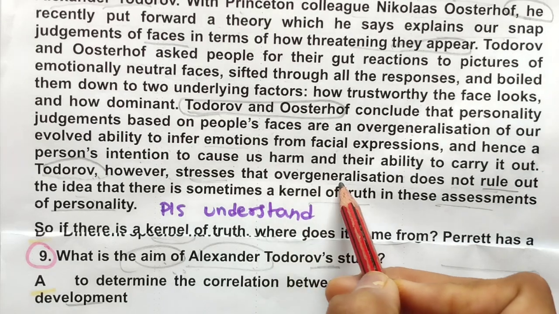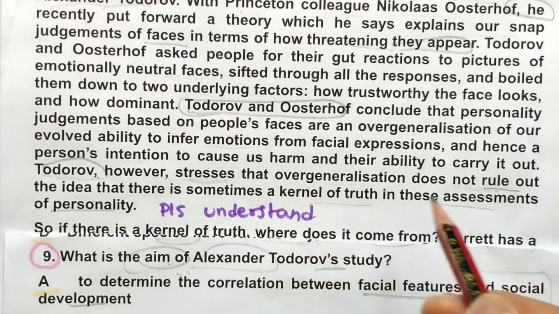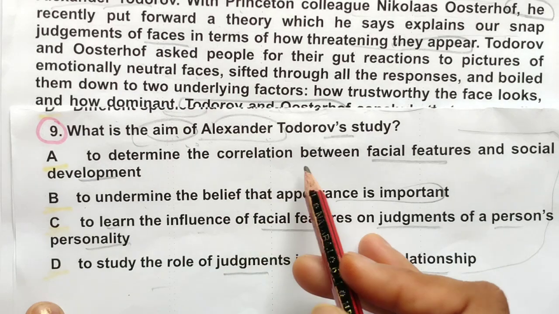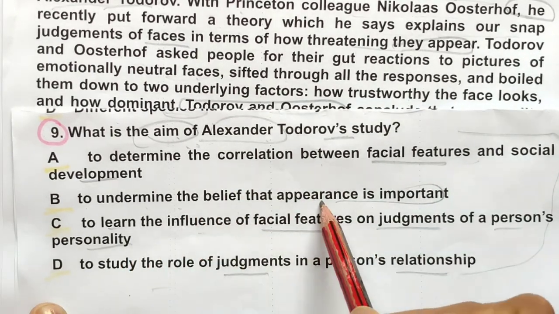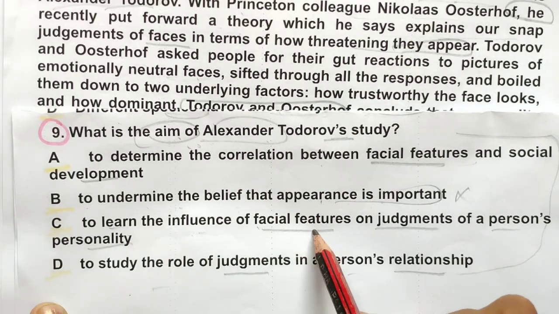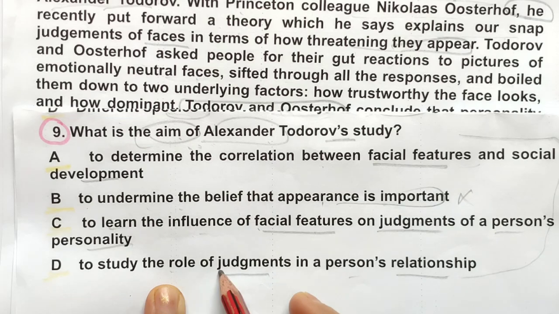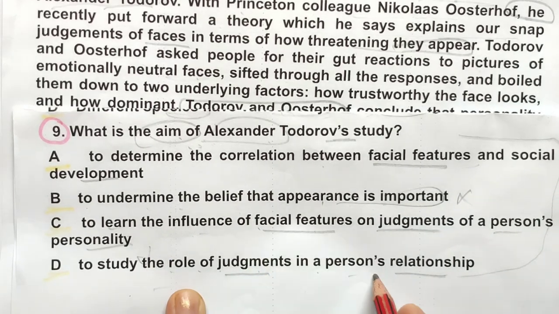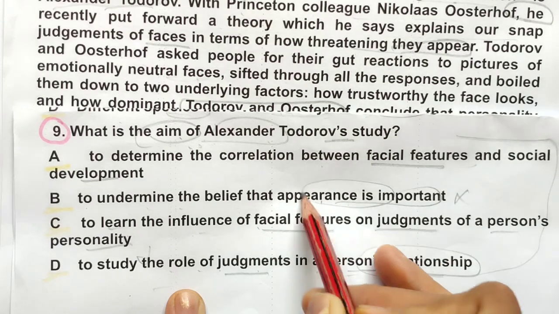He stresses that overgeneralization does not rule out the idea that there is some truth. To determine the correlation between facial features and development, or to undermine the belief that appearance is important, this is also wrong. To learn the influence of facial features on judgments of a person's personality is right. The role of judgment in a person's relationship was not there, so this is also not there.